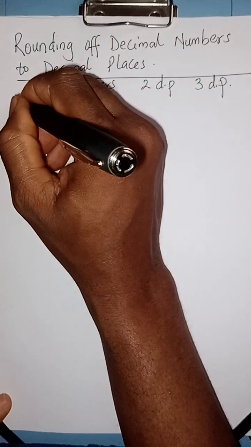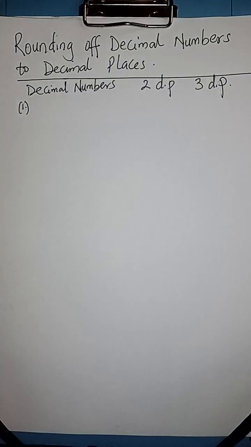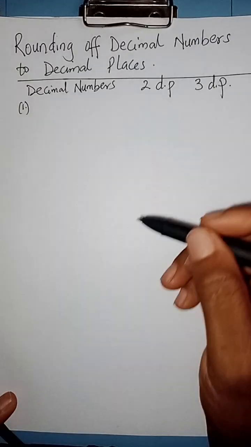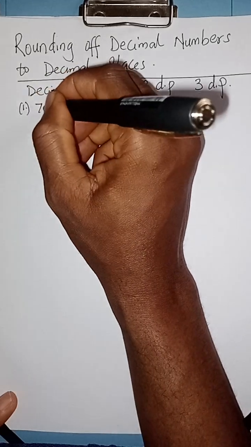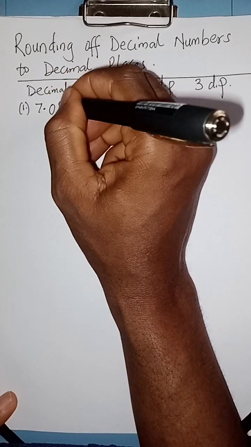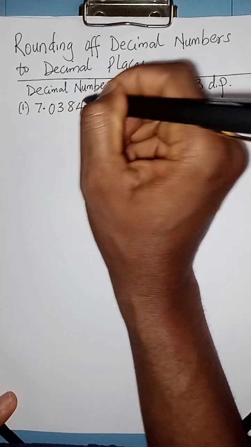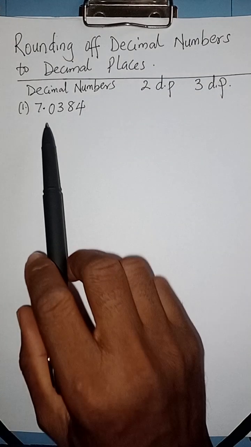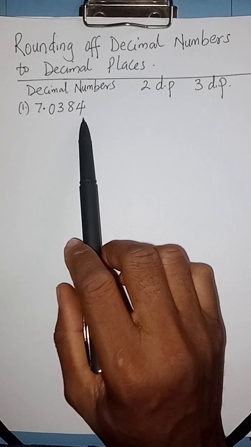So let's start with the very first example. These same numbers are the ones I used in previous examples, but just that we're rounding off to decimal places. So I'm starting with 7.0384. If you look at this number, it is written to four decimal places.